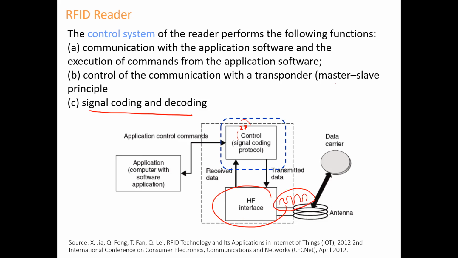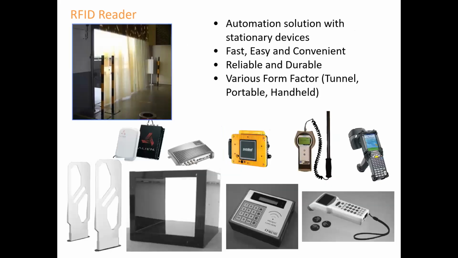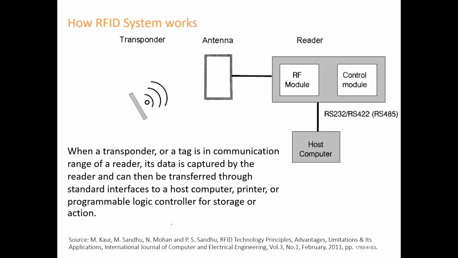So the high frequency part connects to the antenna to receive information from the tag. And then after that, it will demodulate the information from high frequency to a lower frequency and send it further to the control unit. Okay, this is a card reader you can observe somewhere in daily life.